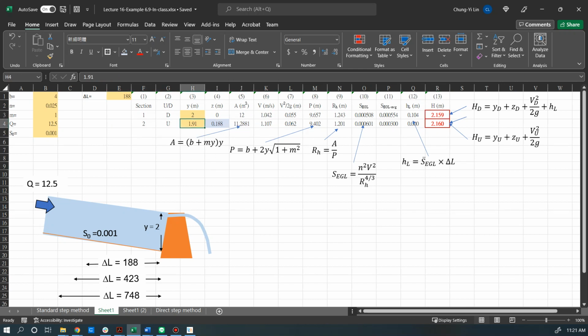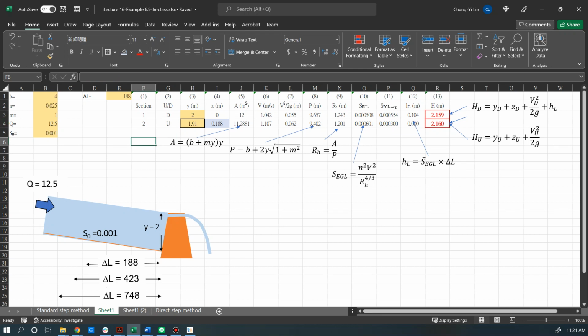Just to demonstrate, let me change to a different number and we will see the difference. If I put 1.8, the values here do not match each other. The job you need to do is trial and error to find the number that makes the energy H close to each other at the two sections.